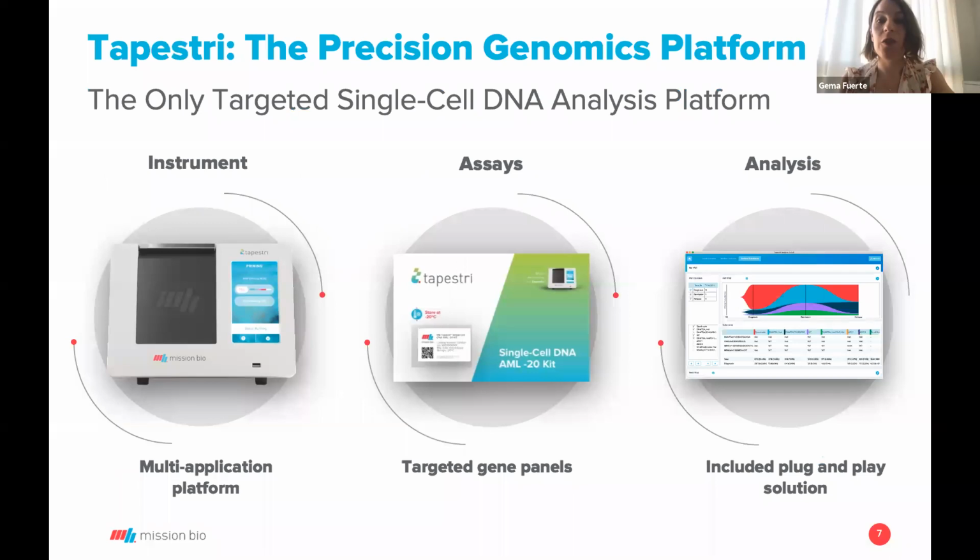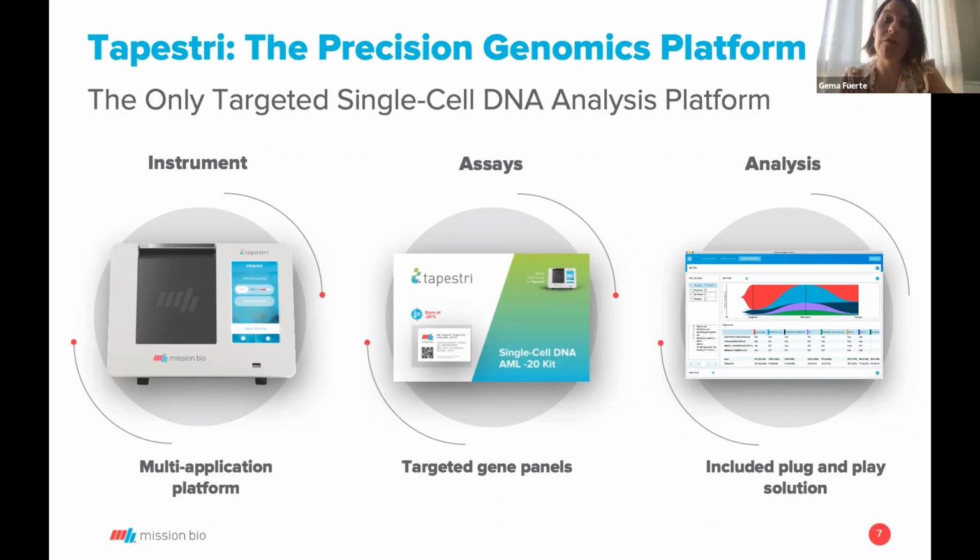In terms of the solution, Mission Bio offers the whole solution end-to-end: the instrument, the assays, and also the software for analysis. Our instrument is very small, very easy to use, and it works with disposable microfluidics cartridges. So you use one cartridge per sample. In terms of the reagents and assays, as I said, they can be catalog, I'll show you some examples, or also custom assays.